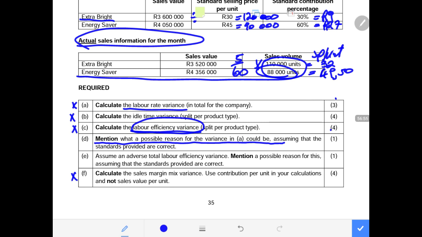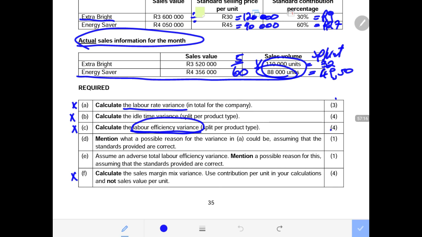That is the main reason, meaning we paid our employees higher than what we anticipated. Remember, standard was 30, actual was 32, so we paid our employees more than what we anticipated. And the reason could be the negotiations of salary by the labor unions.